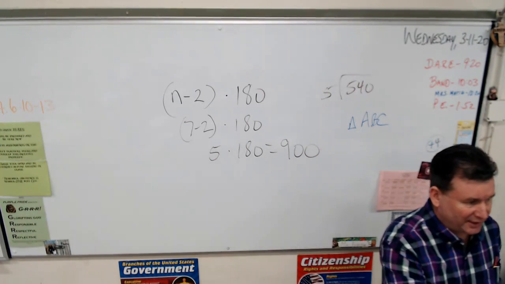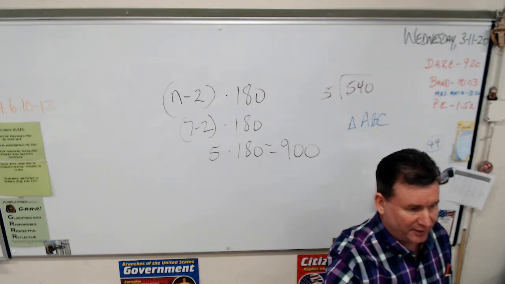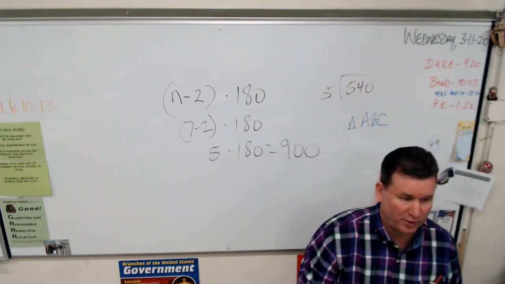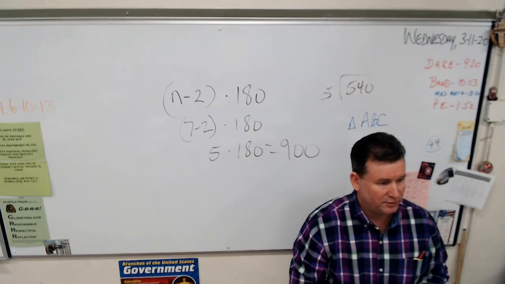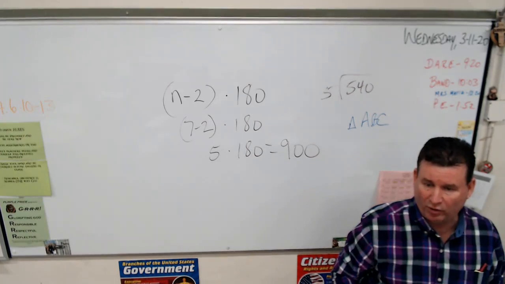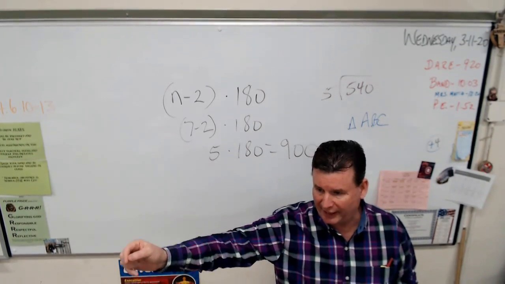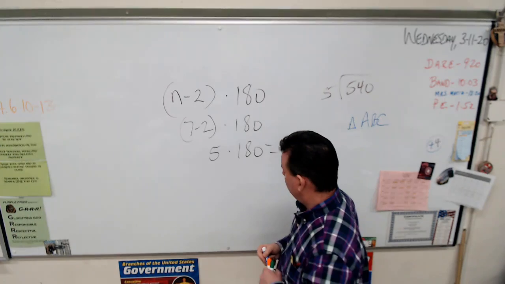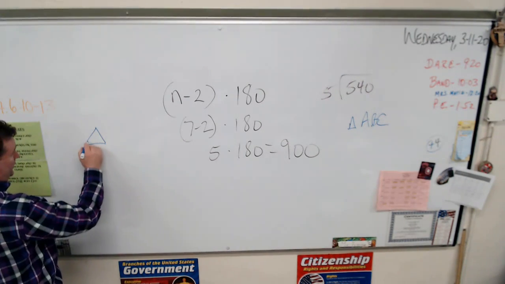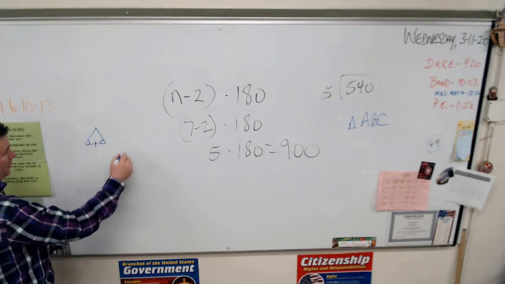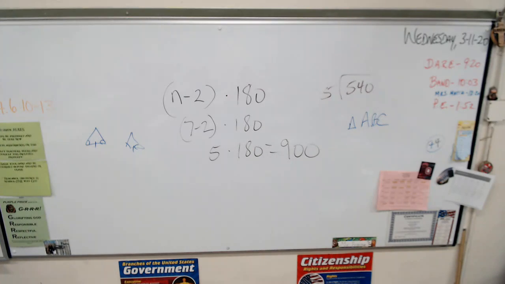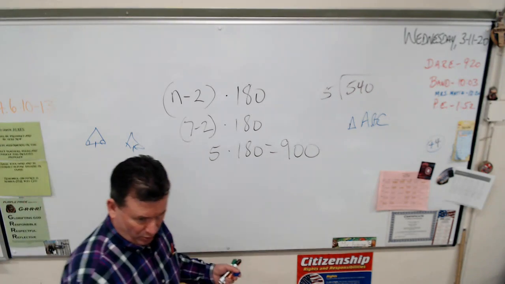So we call that side, angle, side. What are the other two ways to prove triangles are congruent? SSS. Side, side, side. If all the sides are the same, it's the same triangle. Or angle, side, angle. If you've got an angle and another angle, and these two are the same, and the line in between them is the same, then the two triangles are congruent.